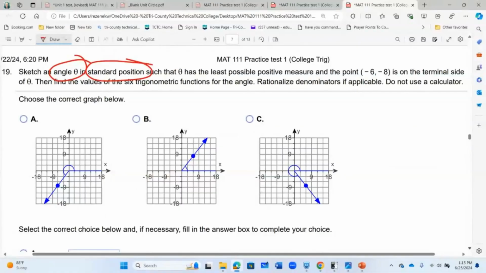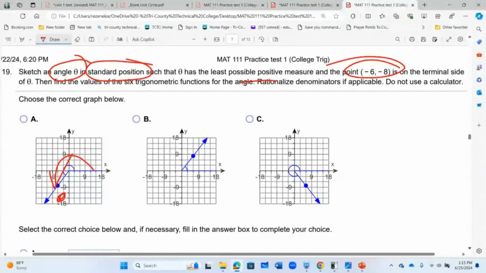They have negative, negative, so you already know this is the third quadrant. In the third quadrant, x is negative, y is negative. So that's not a big deal, but you want to show this is the angle in the third quadrant. They give you negative, negative. Therefore, that angle has the least positive measure.